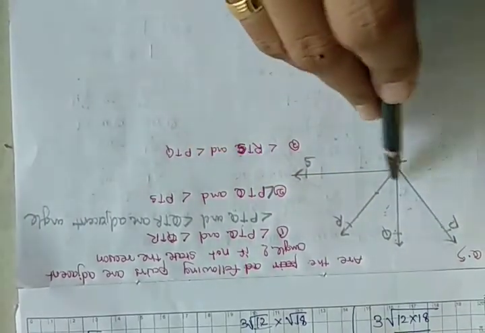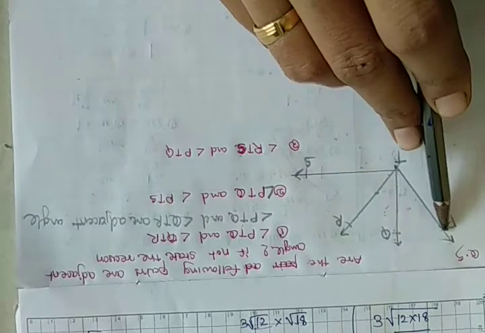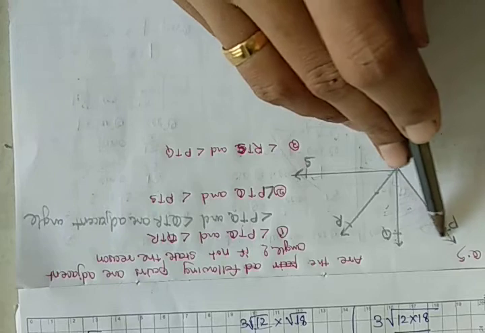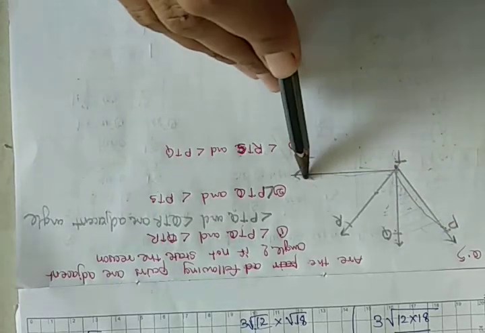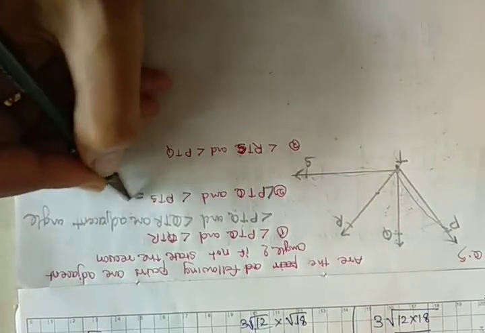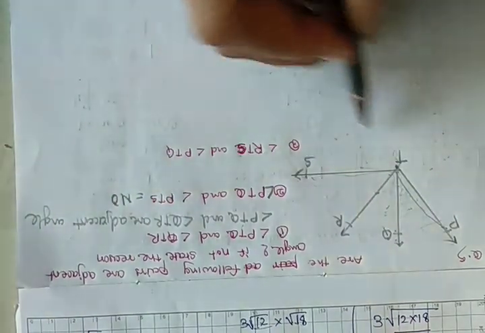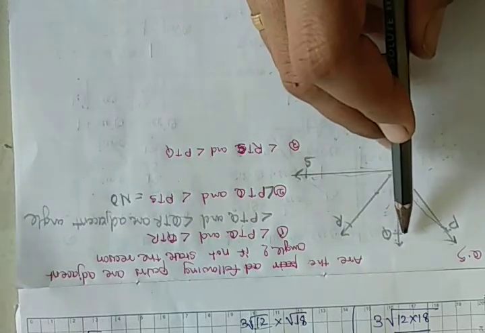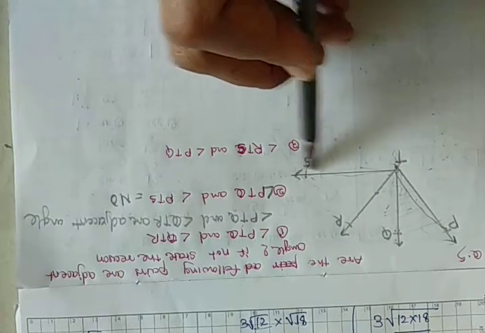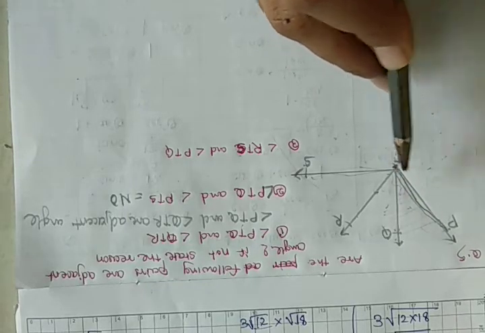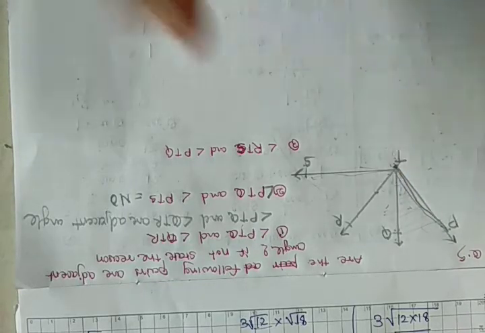Let's see the second pair. Angle PTQ and angle PTS. This angle PTQ and this whole angle PTS. Are they adjacent angles? No. What is the reason? In angle PTQ and angle PTS, there is a common arm PT, common vertex also T, but these two angles do not have a separate interior.